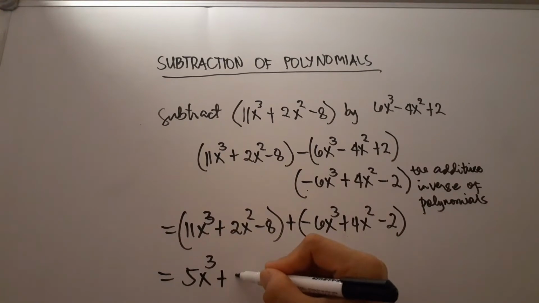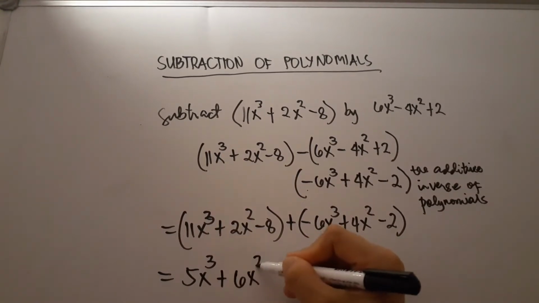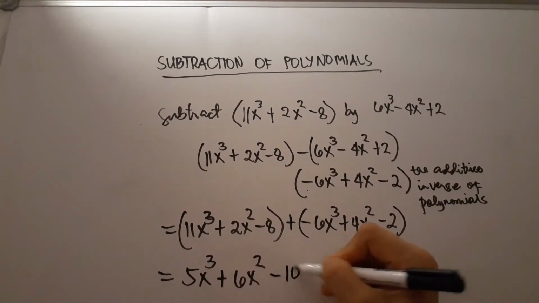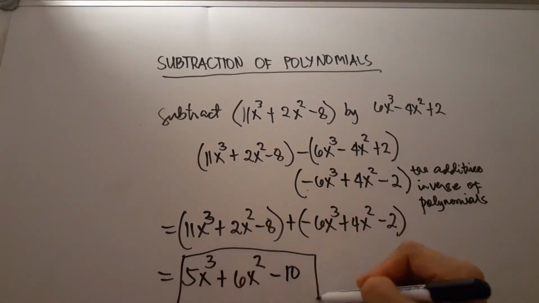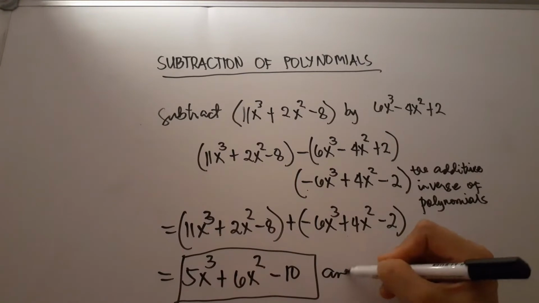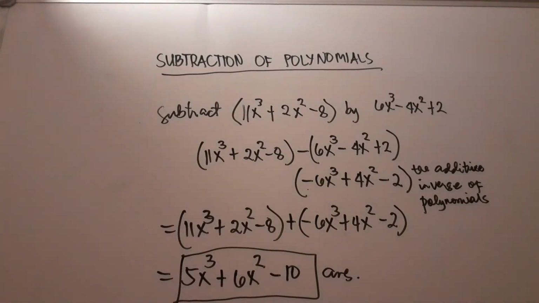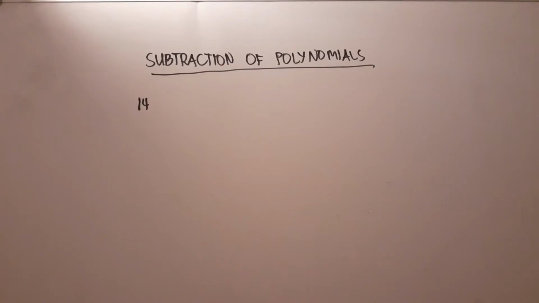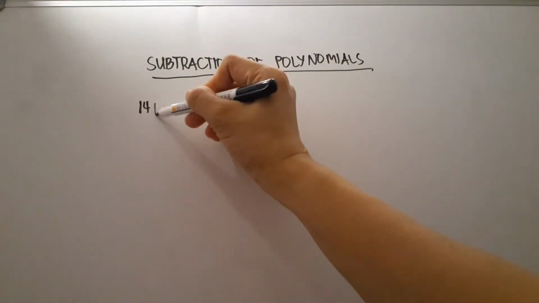Positive 2x squared plus 4x squared becomes 6x squared. Negative 8 plus negative 2 becomes negative 10, because it is the same sign, so we can add: negative plus negative becomes negative.